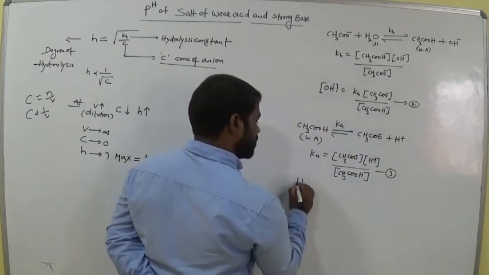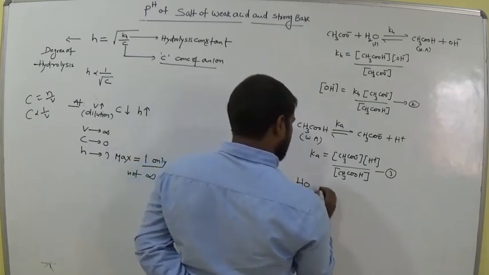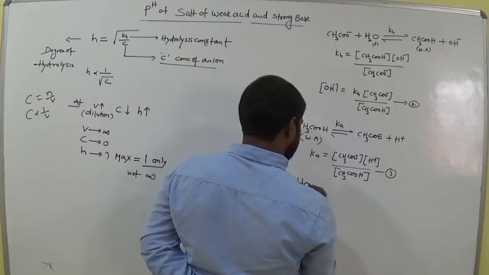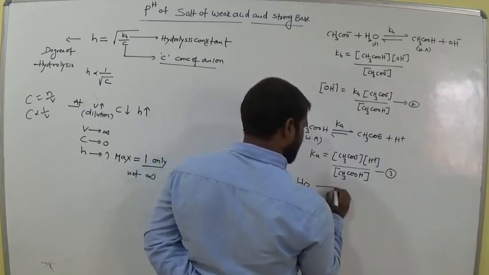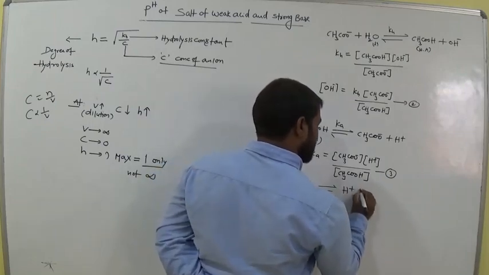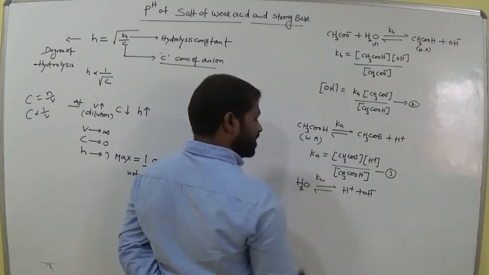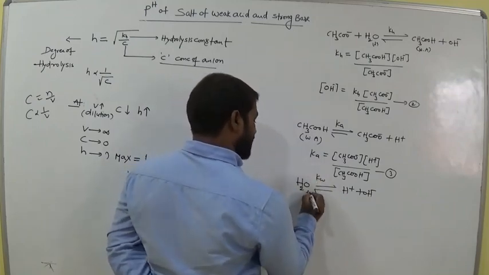Now how does water undergo ionization? Can anybody say? So here it is H plus and OH minus. Here the equilibrium constant is Kw, am I right? Water is a pure liquid, am I right?